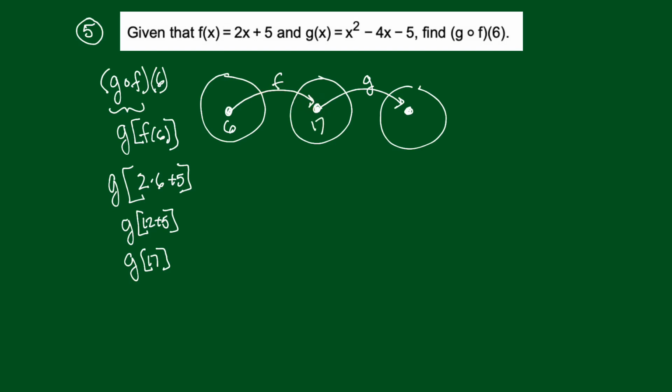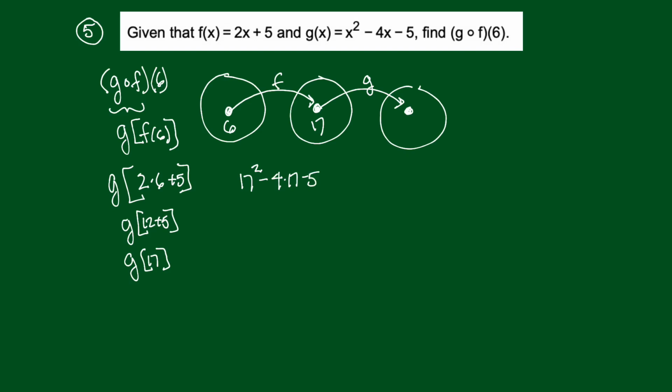So now we're over here. So now we're going to put 17 into g and see where that takes us. So putting 17 into g, now here's 17. I'm going to locate g. G is up here. I'm replacing that x with 17. So replace all the x's with 17. So this will give us, I'll get right here where I have some room, 17 squared minus 4 times 17 minus 5.